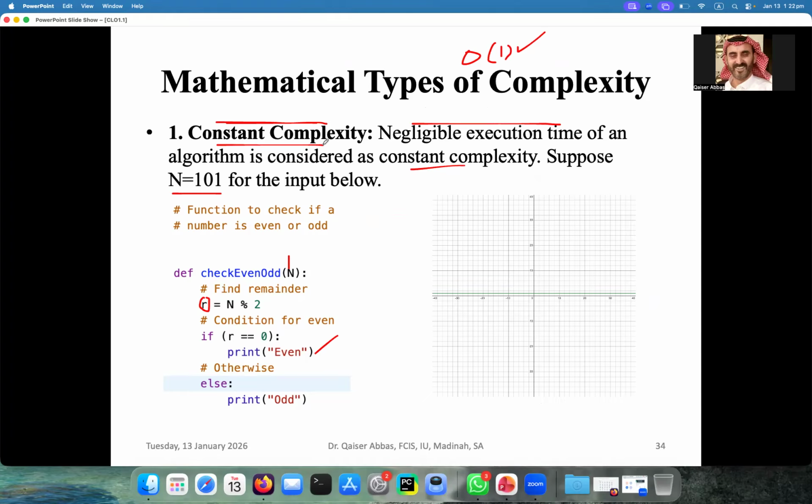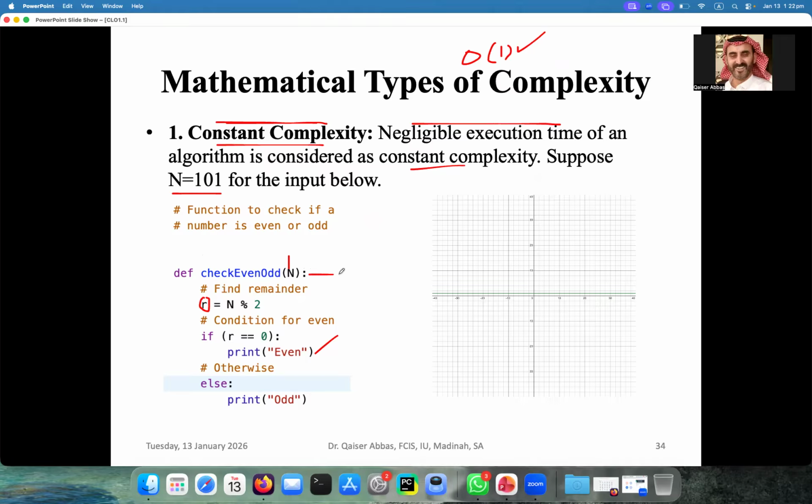Running time is the major thing, so most of the time the calculation is about running time. Whatever notations we are going to learn here can be used for space complexity and also for running time.